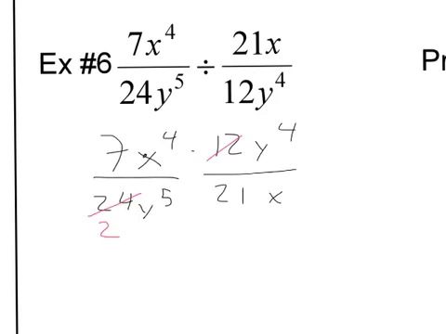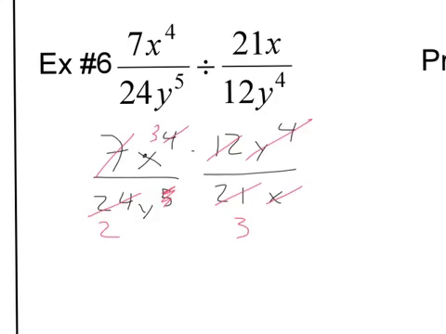The y5 and the y4, well, you can get 4 y's to cancel out, so they'll cross off all 4 of those y's by just leaving 1 y. 7 and 21, you can pull a 7 out of both of those, leaving you with just a 1 and leaving you with a 3. And then finally, you can pull 1x out of both of these, leaving you with x to the third.